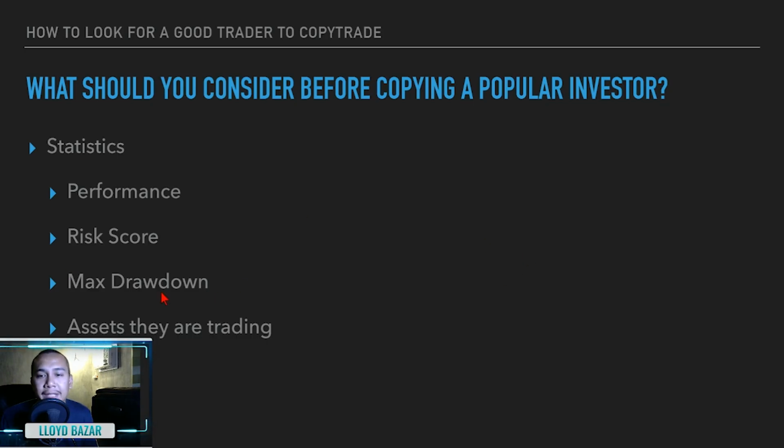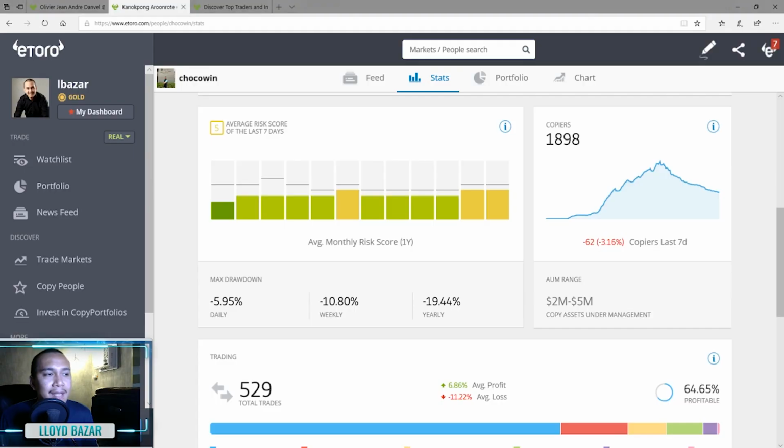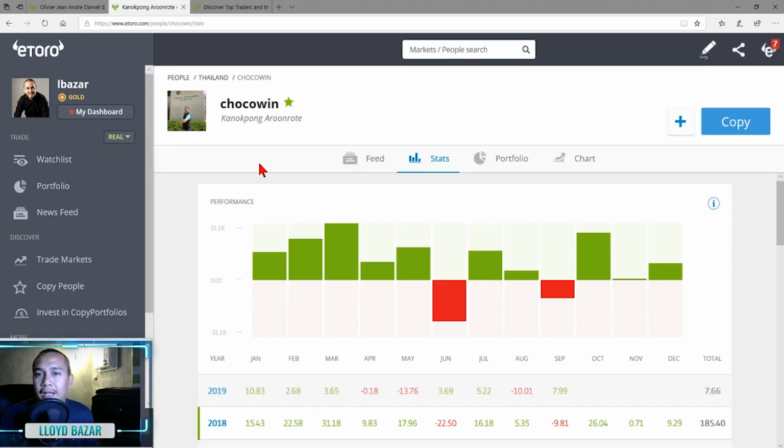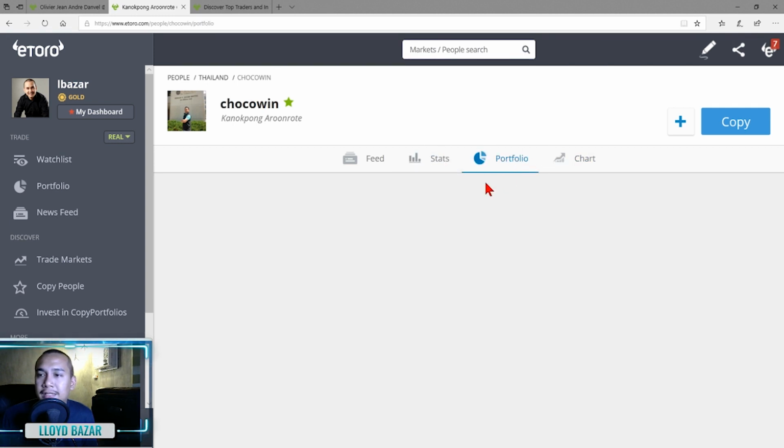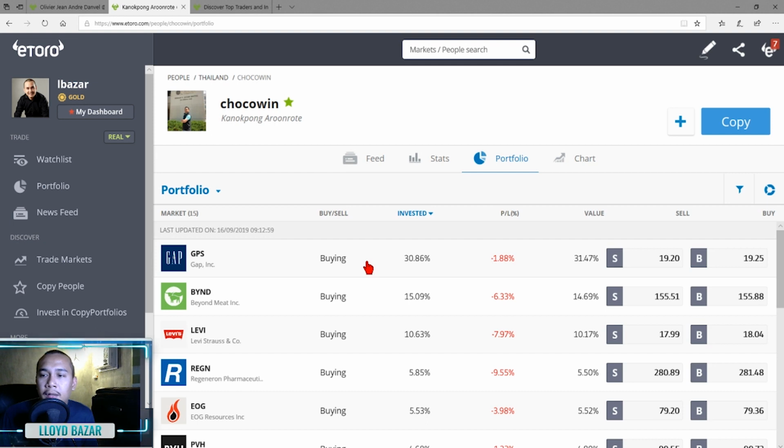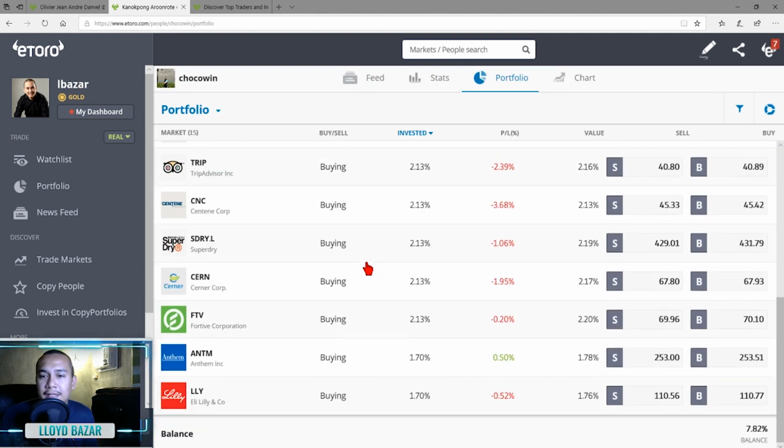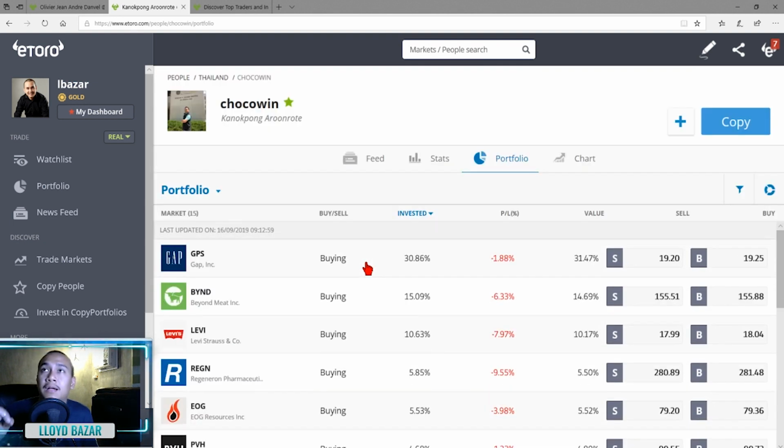So max drawdown, and then lastly, you need to check the assets they are trading. Okay, so here in statistics, when you click the person, next to statistics is the portfolio right here. You can click on this and you are going to see what stocks he is trading. So this is how transparent eToro's copy trading is.